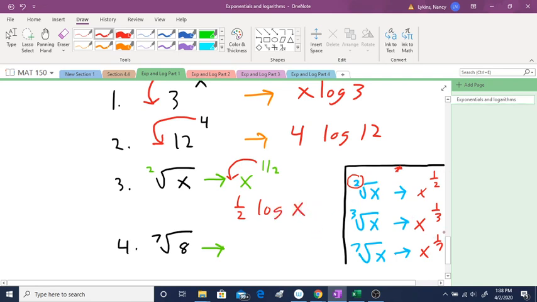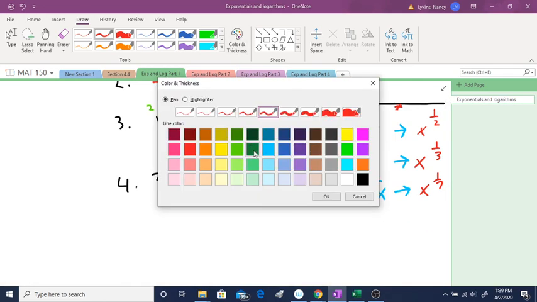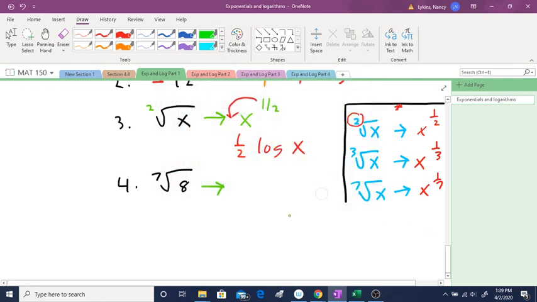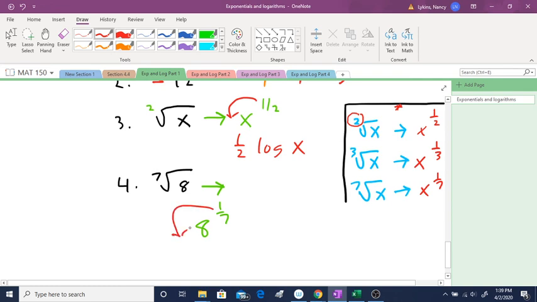Now number 4, my last one, I've got the 8, which is my base. My exponent now, if I look at the 7, that's a 7th root. So that means it's 1/7. If I bring this down, this would be 1/7 log 8.